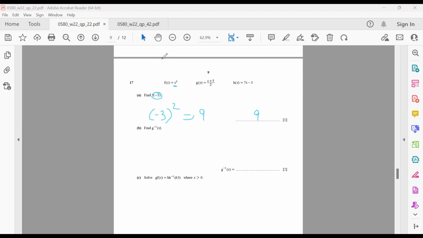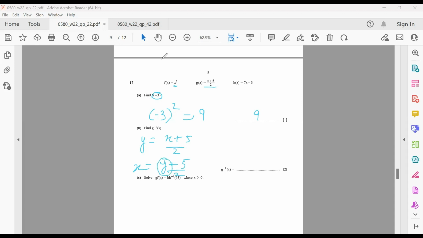Now they've asked us for the inverse of said function. When finding an inverse, I learned this trick in school: first you write the equation as y is equal to whatever the equation is, so y equals (x plus 5) by 2. Then you switch the positions of x and y, so that gives you x is equal to (y plus 5) by 2.